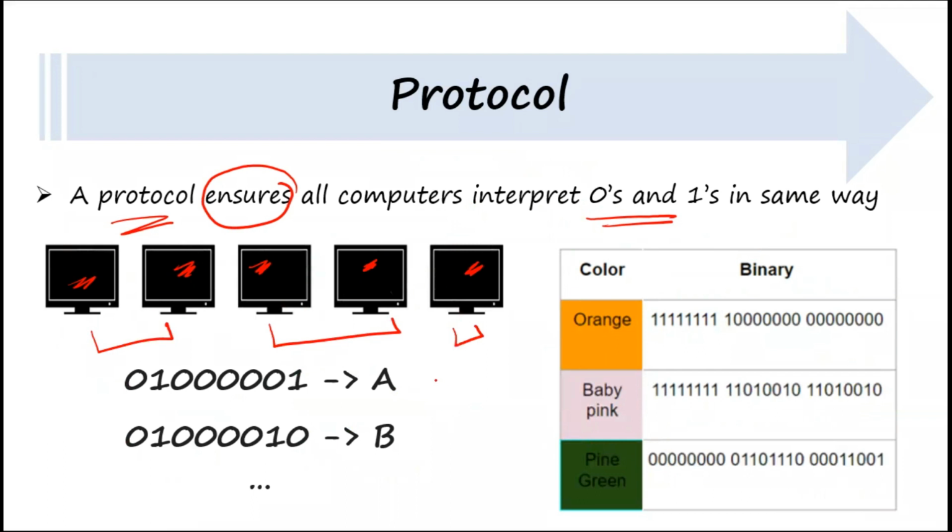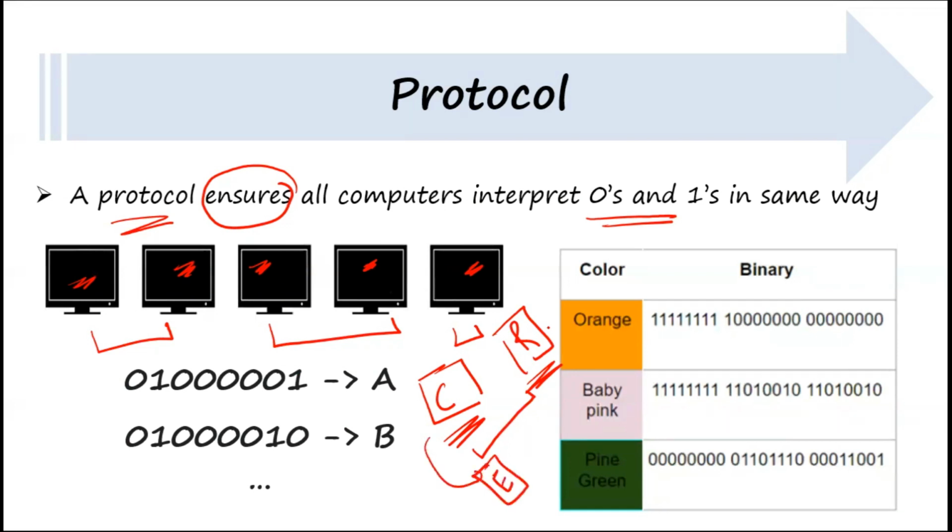Let me give you one example. Suppose there is a person from China, I'll mark it as C, and there is another person from Russia. This person speaks Chinese, this person speaks Russian. Now they can't understand each other. Now both of them decided to learn English. Now this person learned English and this person also learned English. Now they can communicate. Whatever this person says, the same thing this person will comprehend and interpret.